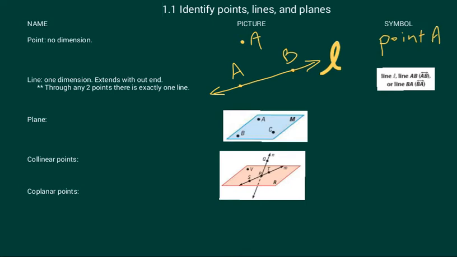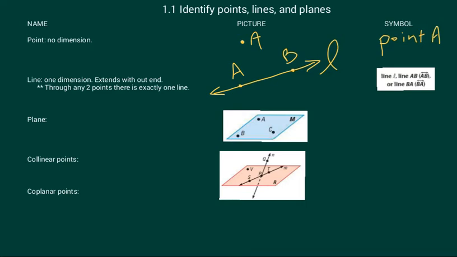So next is a plane, and if you see in my picture right here, this blue picture, it has two dimensions, and it's represented by a shape that looks like a floor or a wall, but it still extends without end, but there's no way for us to really put arrows on the ends of our shape like we can with a line. And to label our plane, we can use three points that are not on the same line.